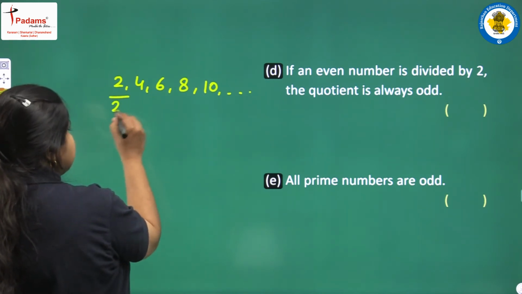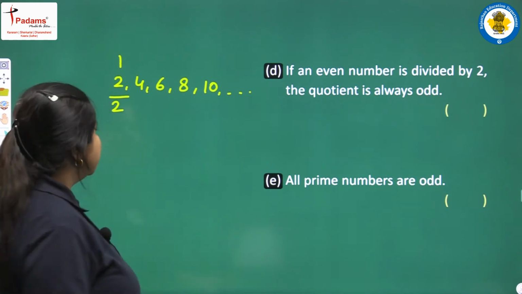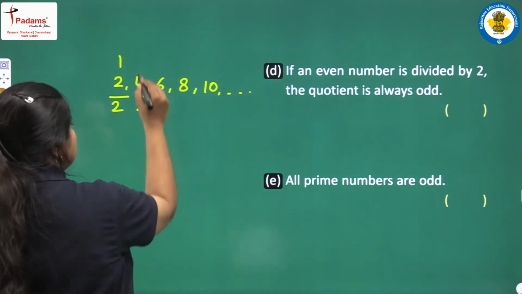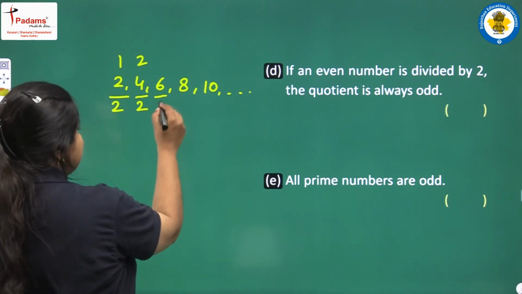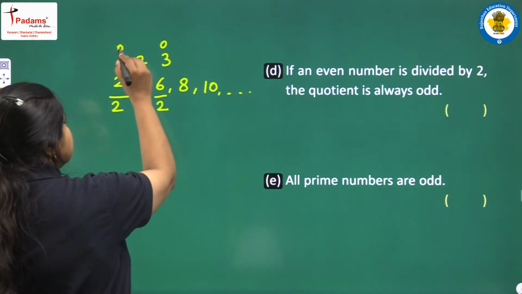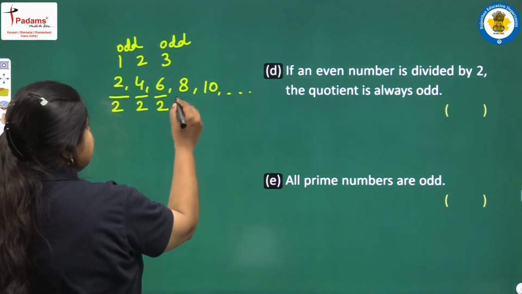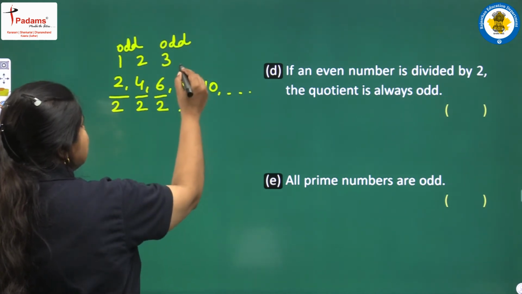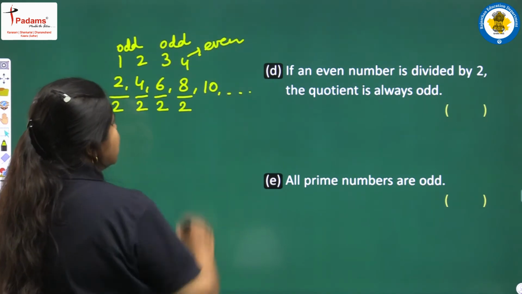If we divide 2 by 2, we are getting 1, an odd number. If we divide 4 by 2, we get 2, which is an even number. If we divide 6 by 2, we are getting 3, again an odd number. And here if we divide 8 by 2, it's 4. It is even.